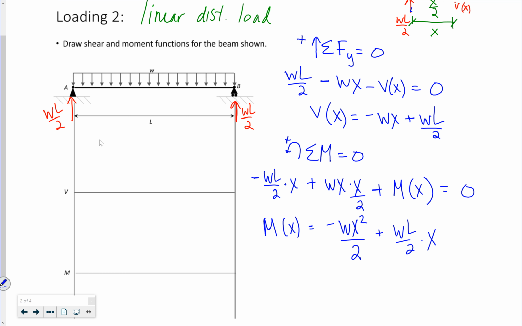So let's draw our shear diagram. My shear at x equals 0 is WL over 2, positive. My shear at x equals L would be minus WL over 2.